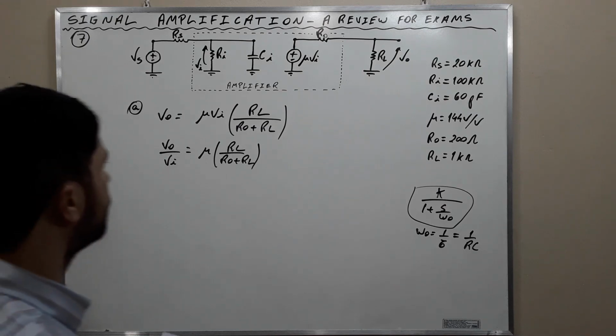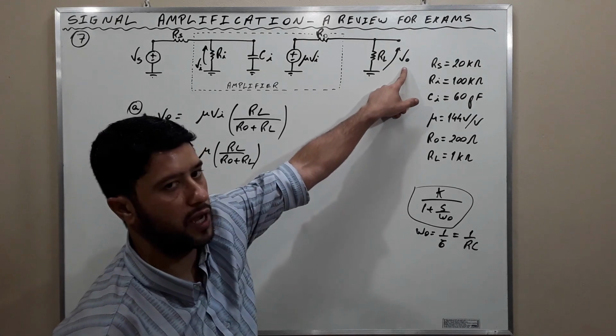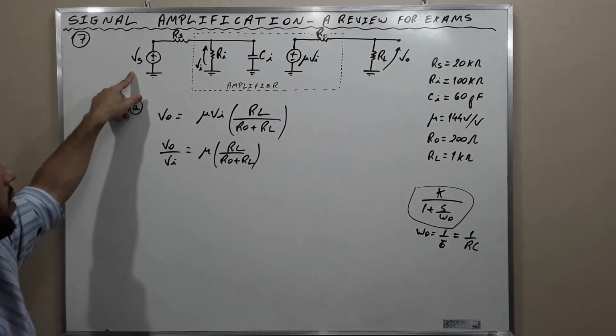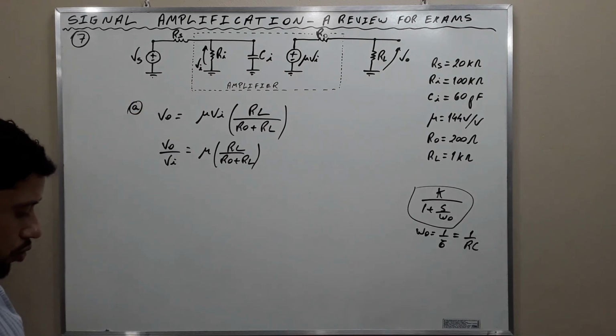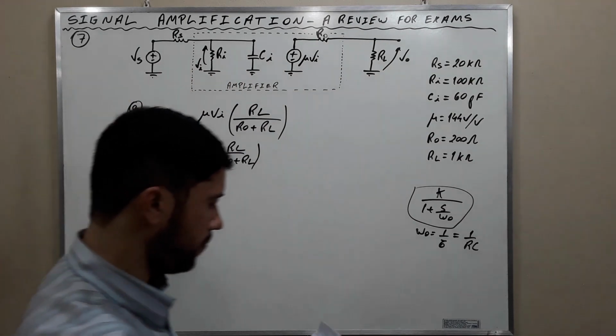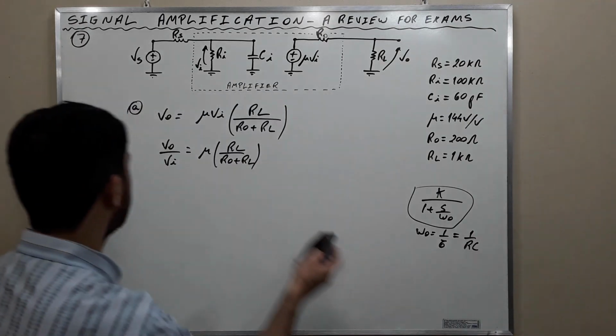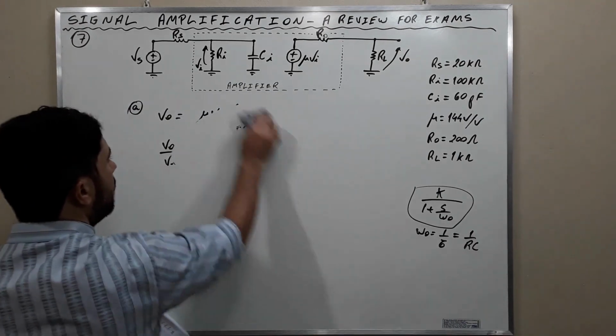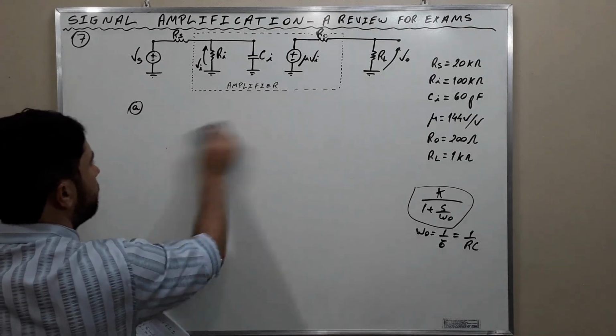To compute the global voltage gain from VO to VS, we are going to use everything that we calculated up until here, okay?